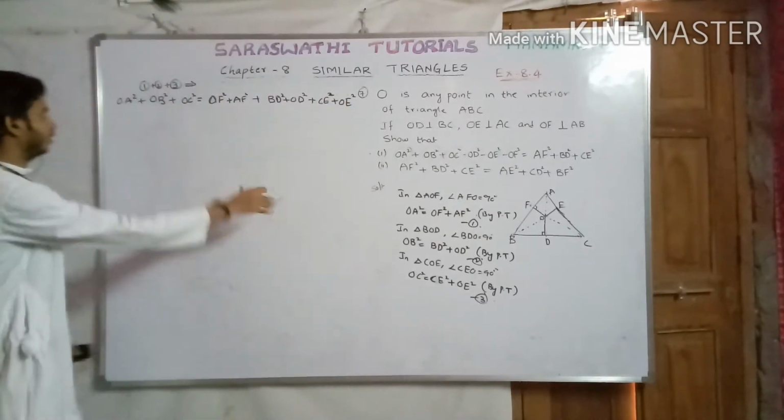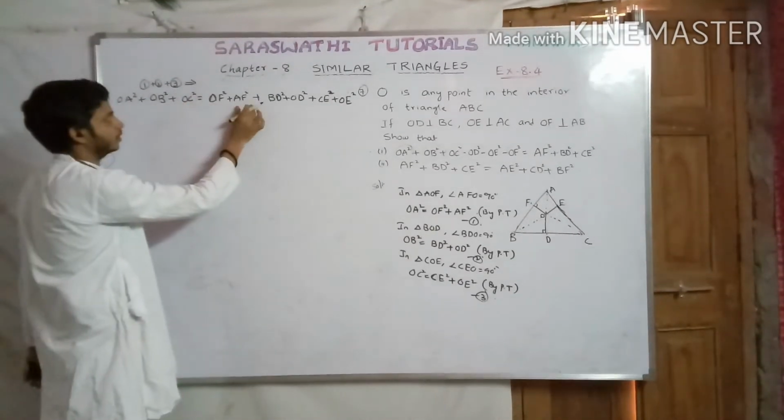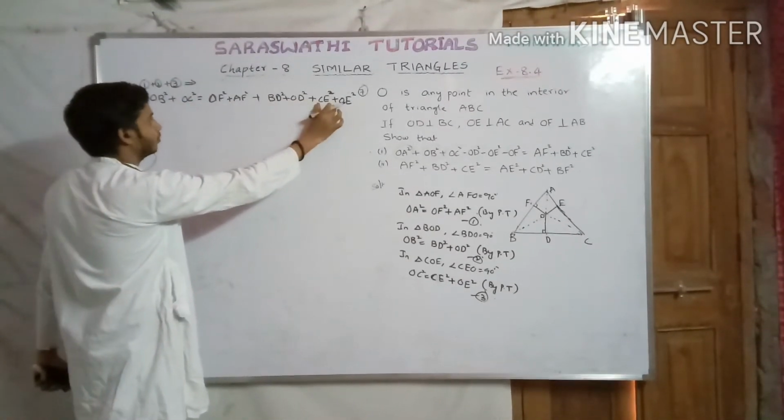So if we add all the three equations, we get OA square plus OB square plus OC square equal to OA square plus AF square plus BD square plus OD square plus CE square plus OE square.